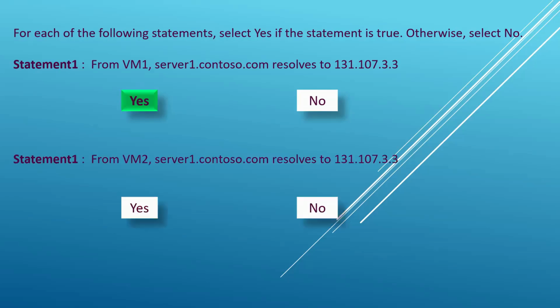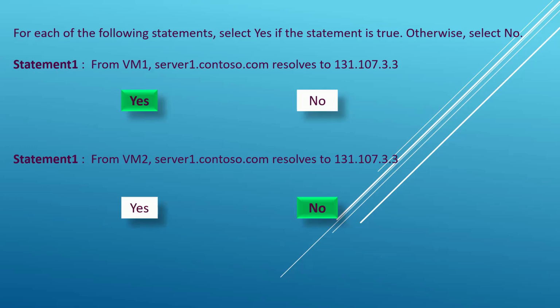And the next statement is, from VM2, server 1.contoso.com resolves to 131.107.3.3, and this statement is incorrect. VM2 belongs to VNet2, which has custom DNS of 192.168.0.5, which is IP of VM4.